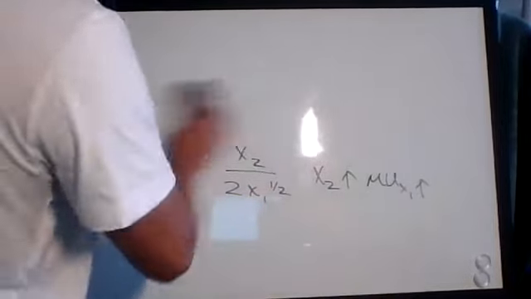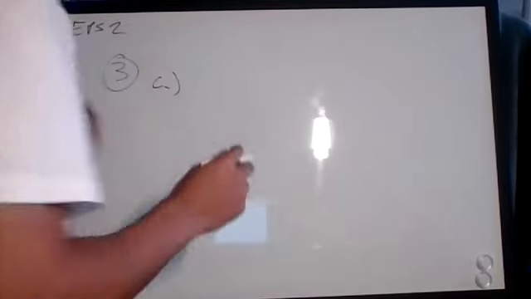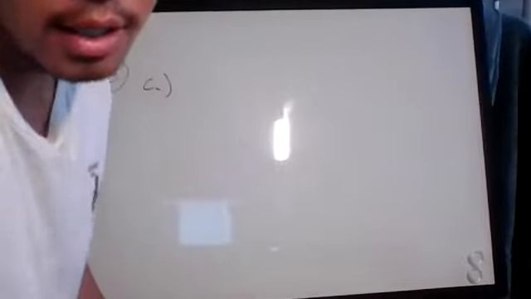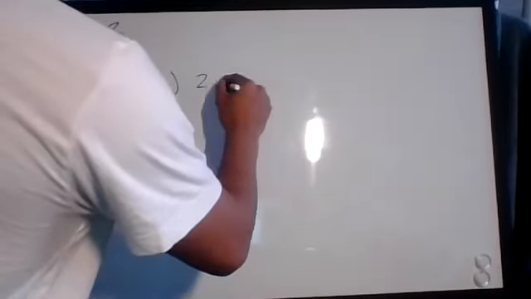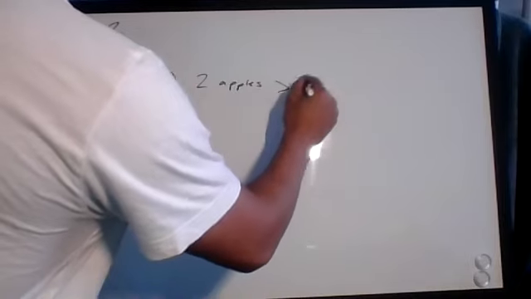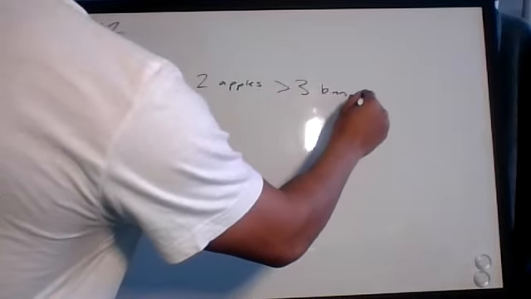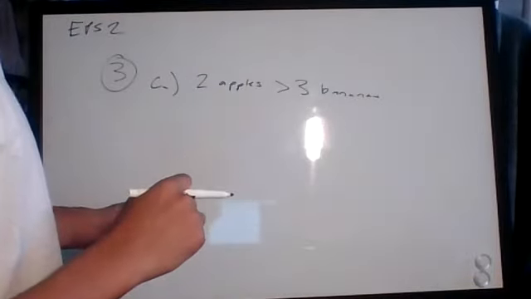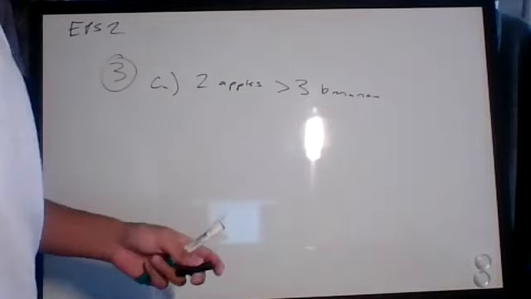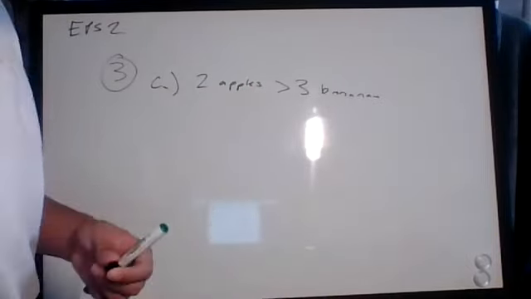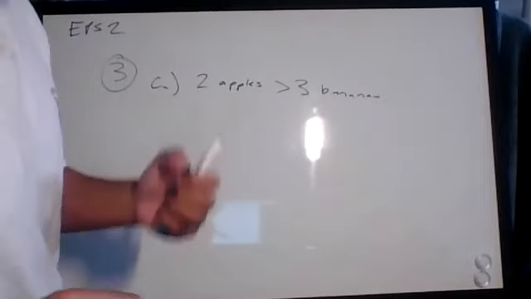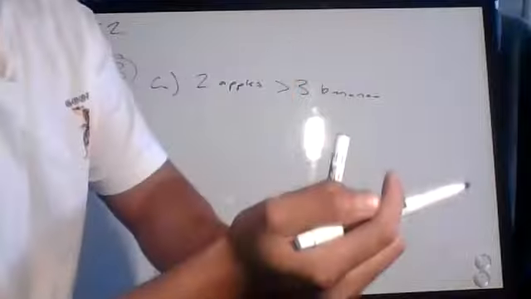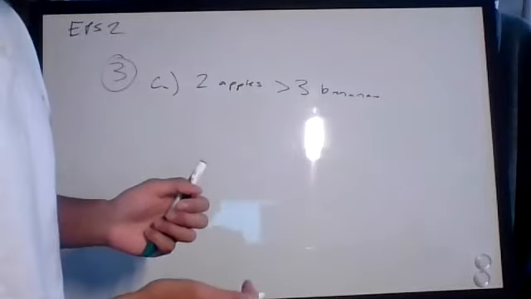All right, so this is the apples and bananas question. 3C. You basically want to show that I prefer 2 apples to 3 bananas. I think the easiest way to think about it is in terms of a perfect substitutes equation, where you either have 2 apples or you have 3 bananas, and you want to see which is better.